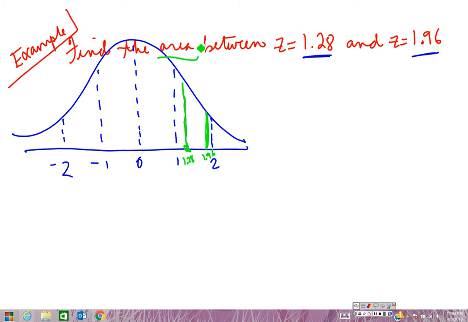And we want to find the area between. So we want to find this area. So a very small area, as you can see. So definitely the area will not be more than 50%. So just this little part here.